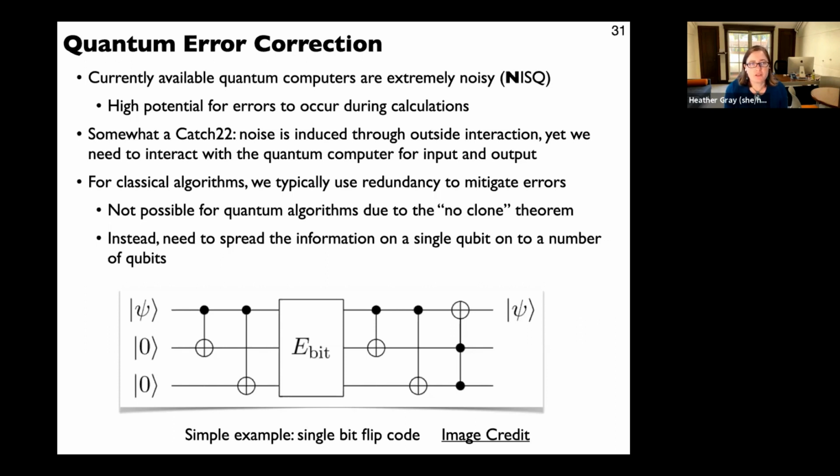But instead, what we can do is spread the information on a single qubit onto a number of qubits. Here's a very simple example for a circuit that can be used to correct for a single bit flip. You can see the qubit that we're interested in. That's the one there at the top. Then we add these two additional qubits. We can actually entangle them and spread the information between them, perform some operation, and then basically repeat these operations again.